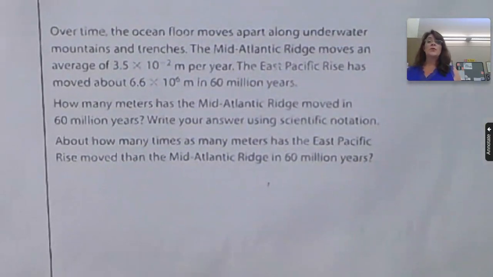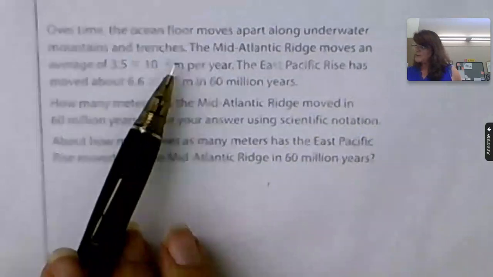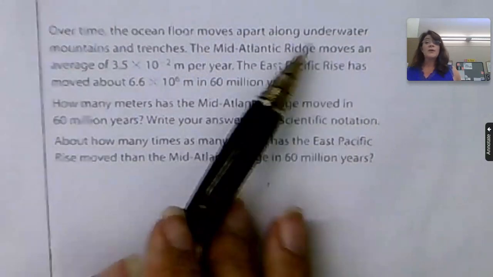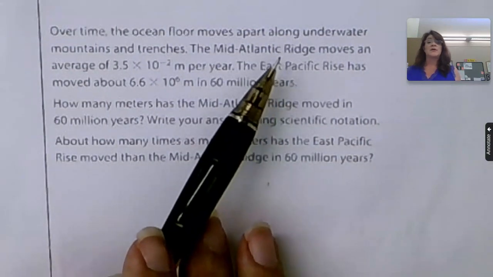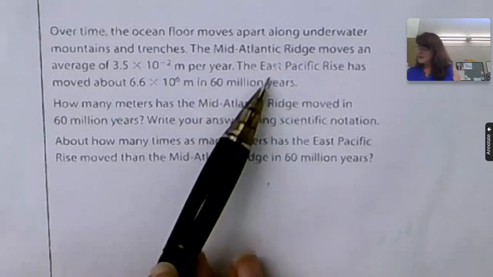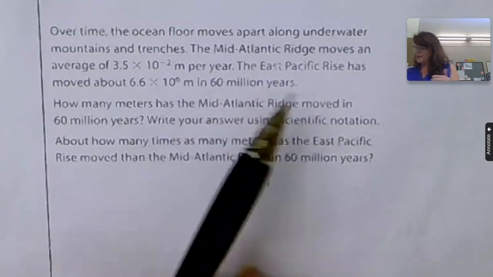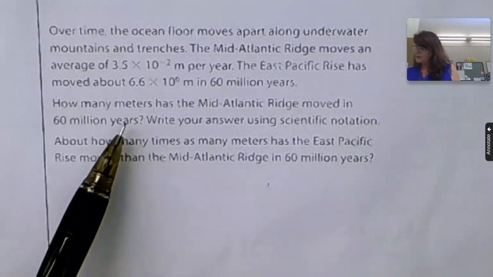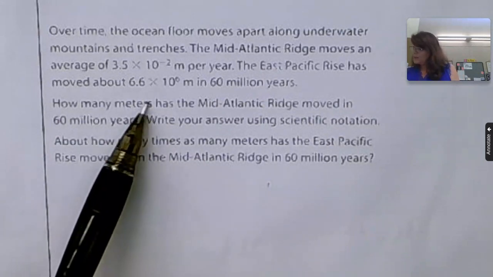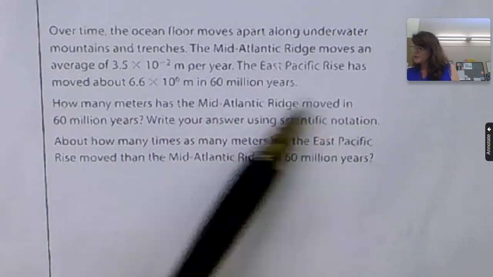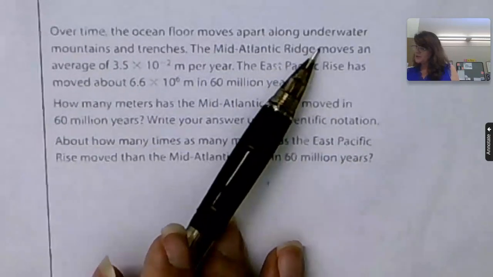Okay, one more. Over time, the ocean floor moves apart under underwater mountains and trenches. The Mid-Atlantic Ridge, which you would have studied with plate tectonics, and the East Pacific Rise, again with plate tectonics. How many meters has the Mid-Atlantic Ridge moved in 60 million years?